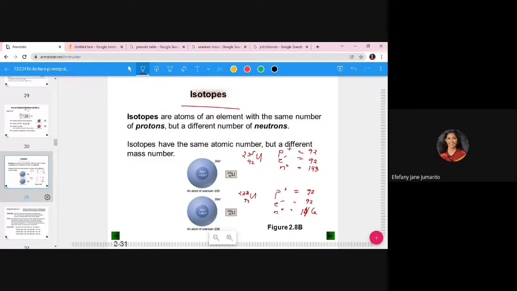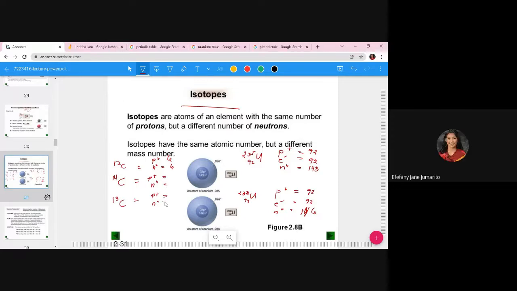For example, we have carbon 12, carbon 13, and carbon 14. In carbon 12, how many protons and neutrons? 6 protons, 6 electrons, and 6 neutrons.